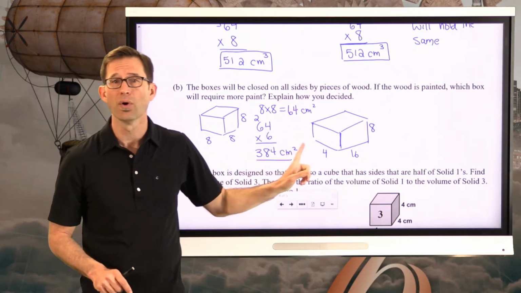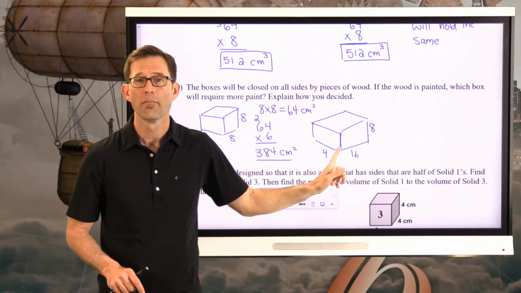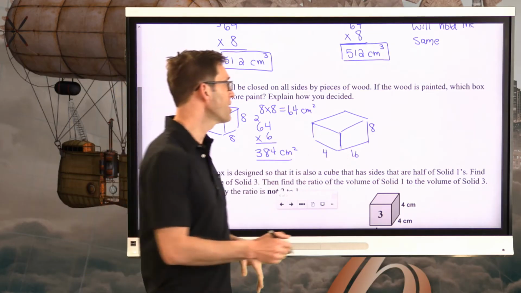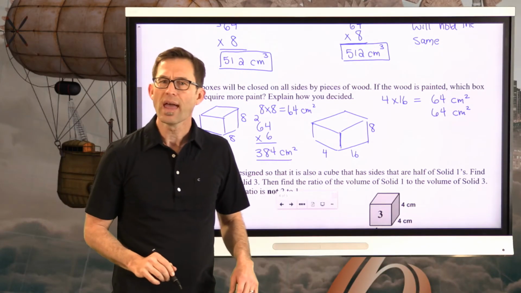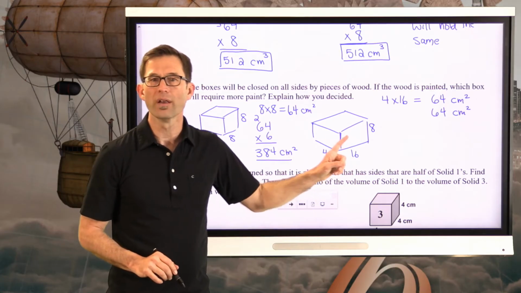The bottom and the top both have dimensions of 4 by 16. So the bottom and the top are 4 times 16, or 64 square centimeters, and there's 2 of them. Now let's talk about the front and the back.